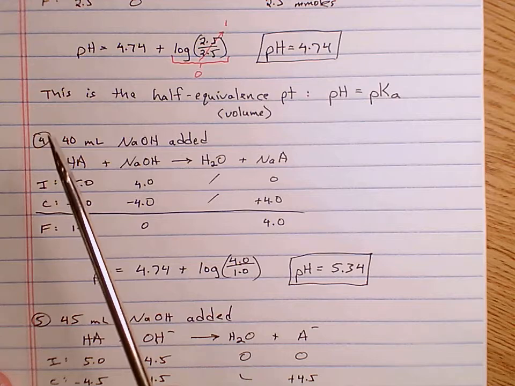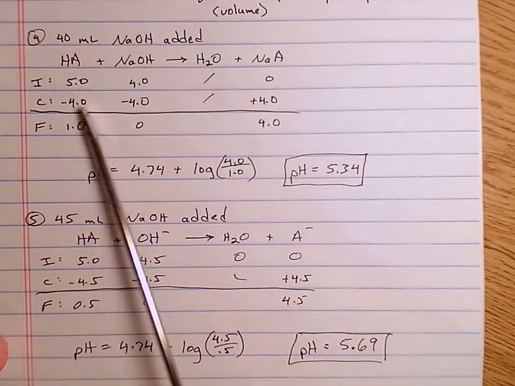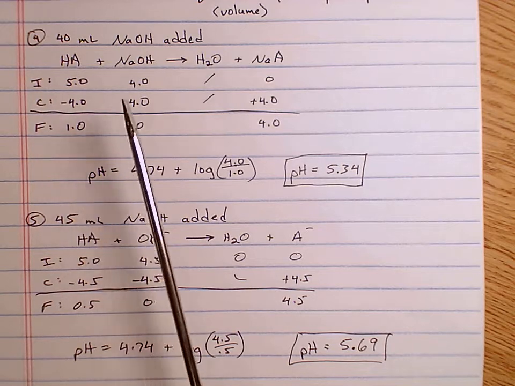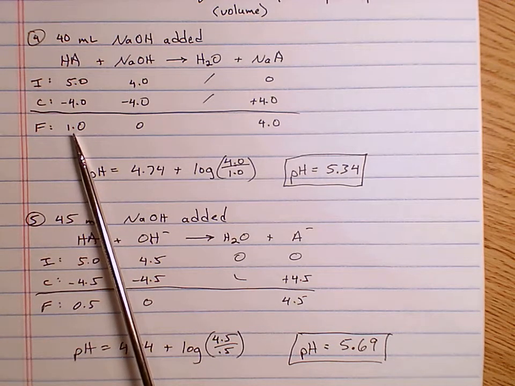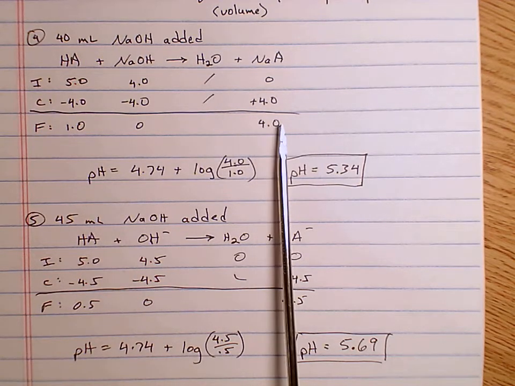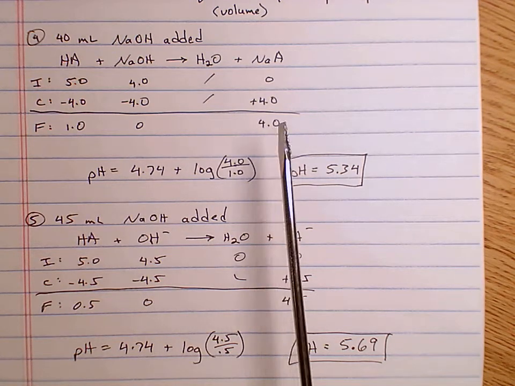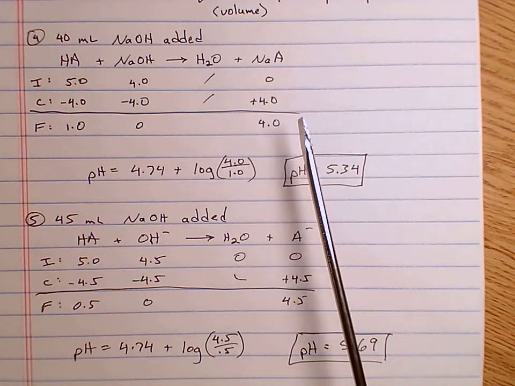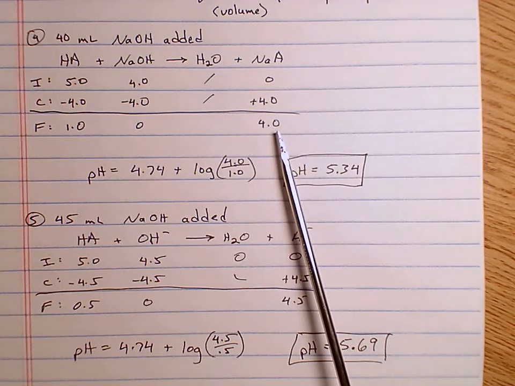Let's continue on. We're going towards 50. Let's add 40 milliliters of NaOH. We do up our table. NaOH is still the limiting reagent. We've got 1 millimole of HA left over. We've got 4 millimoles of A minus in here. Just to reiterate something, when we're doing the strong acid, strong base, we didn't care about A minus because A minus was chloride that did not affect pH.